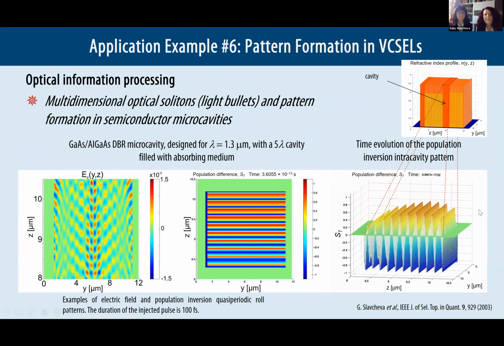Another example is the pattern formation in semiconductor microcavities. In the 2-dimensional case, we have shown that population gratings exist under special conditions when we pump the structure with an ultra-short pulse. And these population gratings can be used for optical information processing.